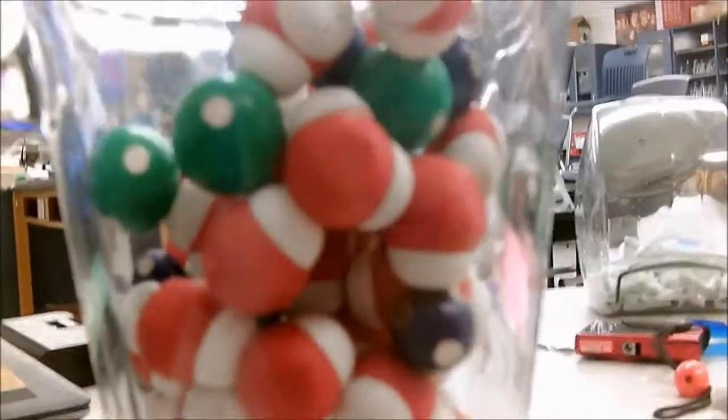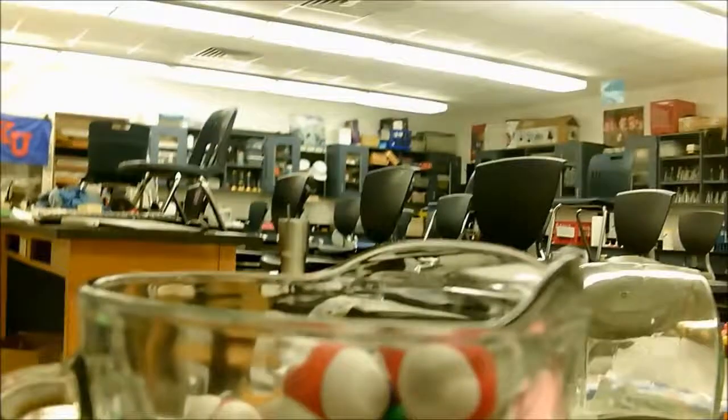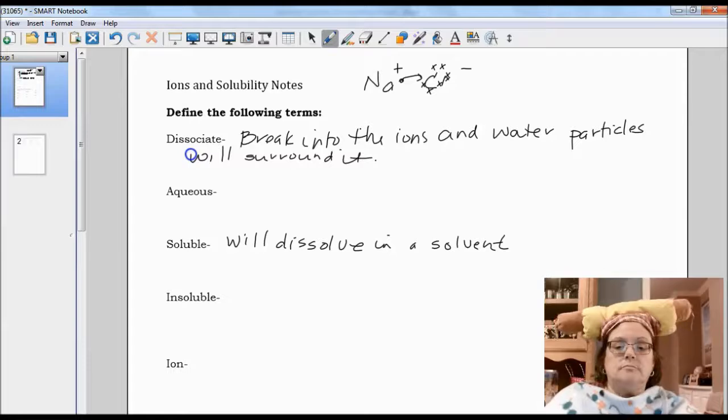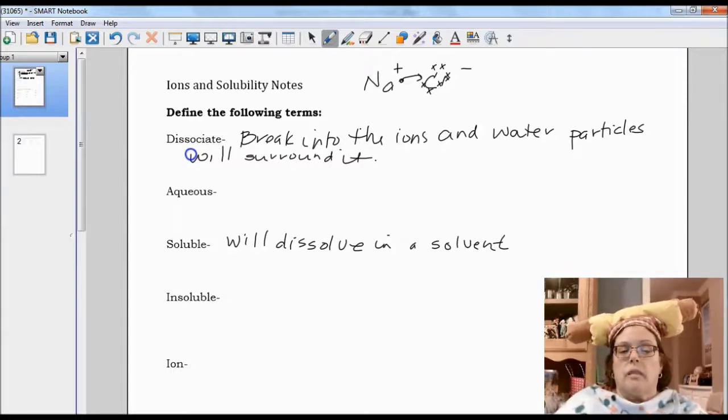Okay? And that is what dissociation does, with giving you an example. Now, the only ones that will do this are the ionic compounds that are soluble.